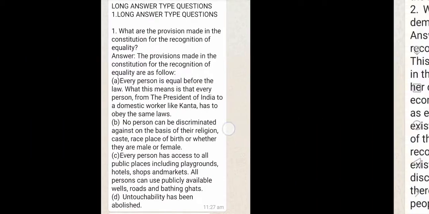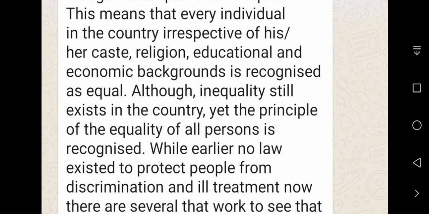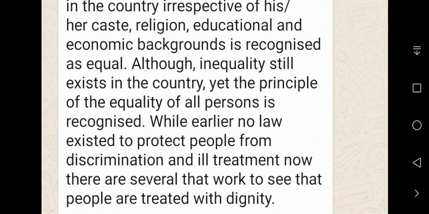Second question, extra short. Write a note on equality in Indian democracy. The Indian Constitution recognizes all persons as equal. This means that every individual in the country, irrespective of caste, religion, educational and economic background, is recognized as equal. Although inequality still exists in the country, the principle of the equality of all persons is recognized.